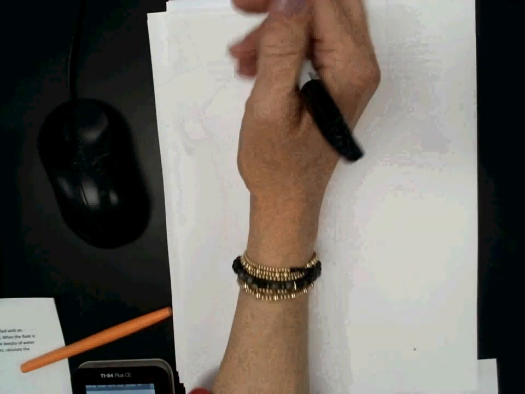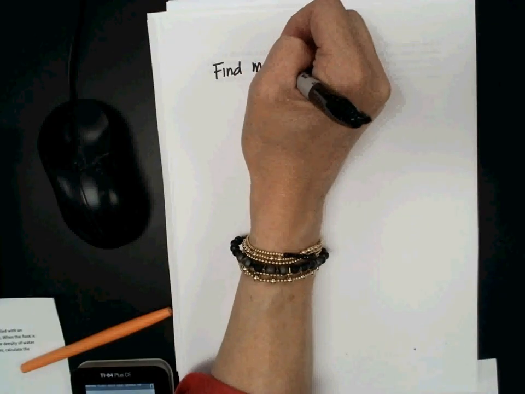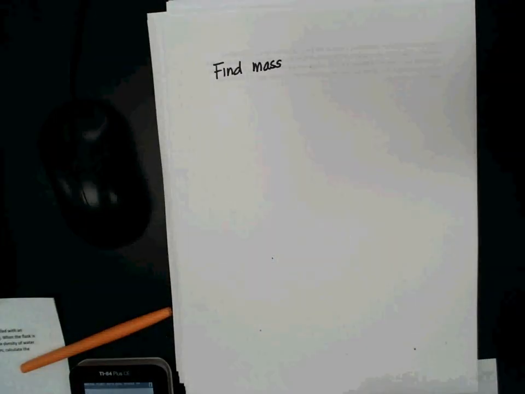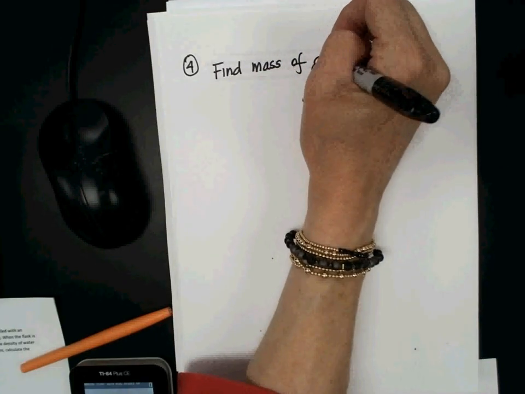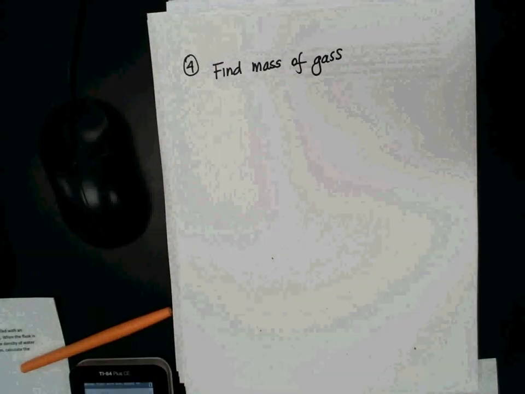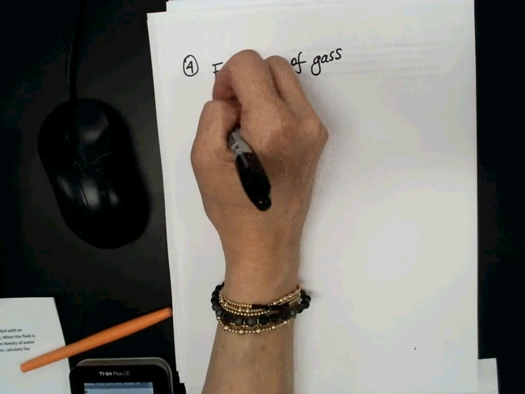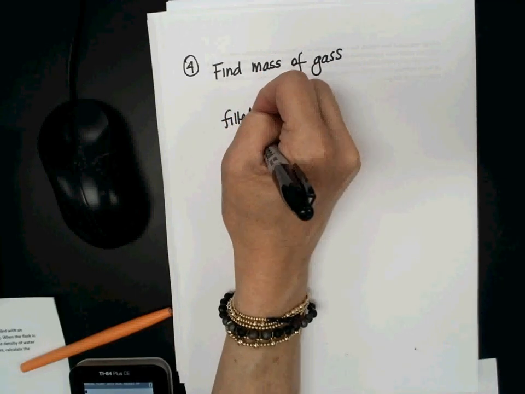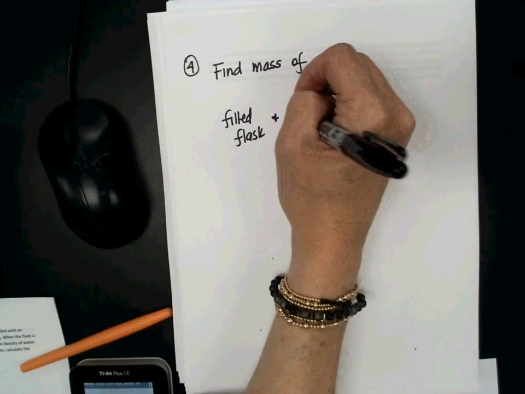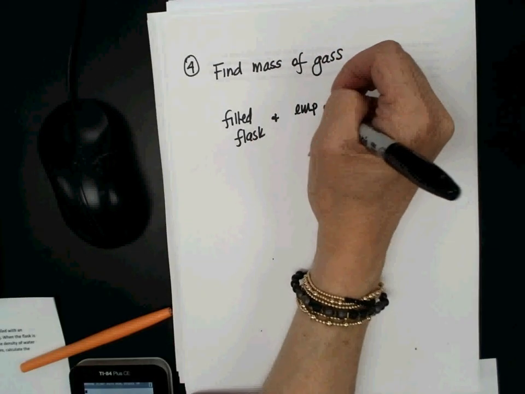The next thing I would want to do would be to find the mass of the gas, because we have to know that. What step am I on here? 4. So when I want to find the mass of the gas, I have to take the difference between the filled flask and the empty flask.